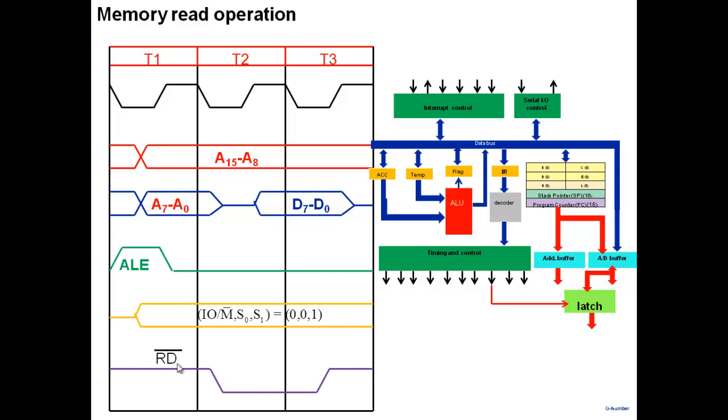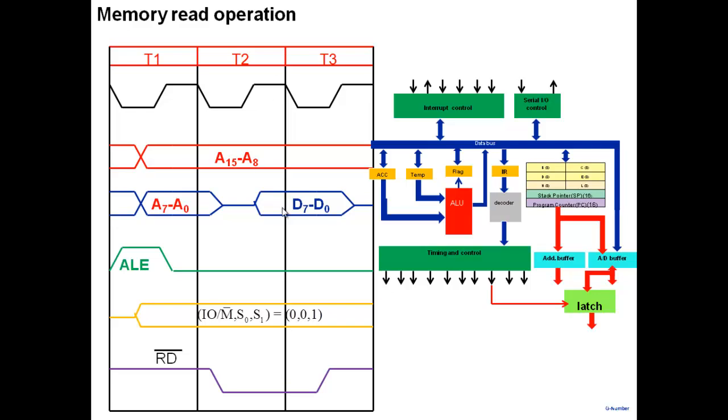Then, after it has placed both the addresses, it gives a read signal, which goes low. That read signal goes to the memory and tells the memory to now place the data on the data bus. After some time, the memory will place the data on the data bus here.